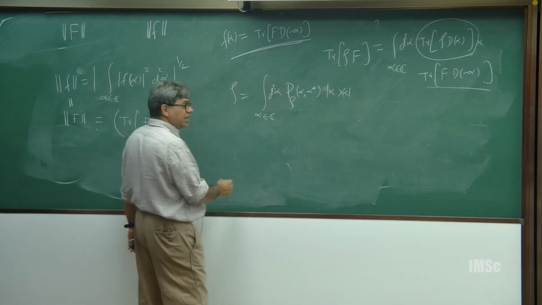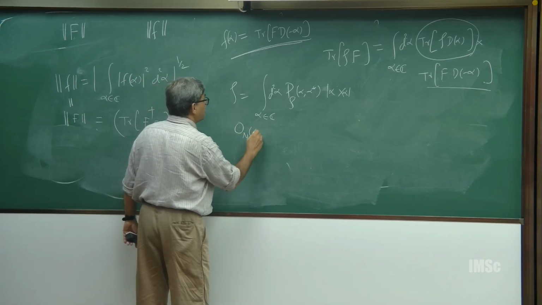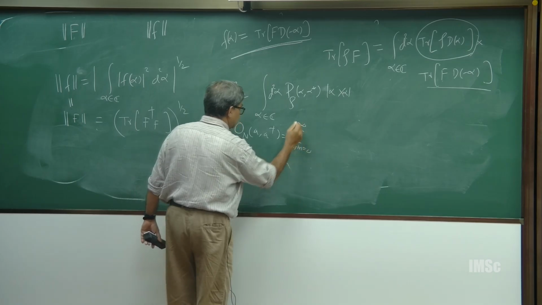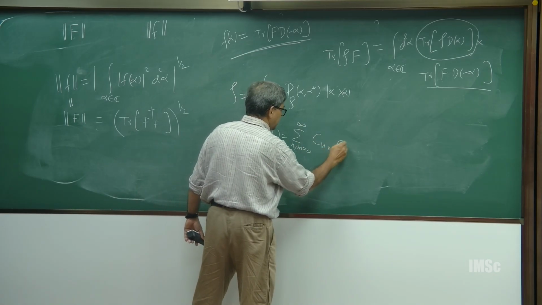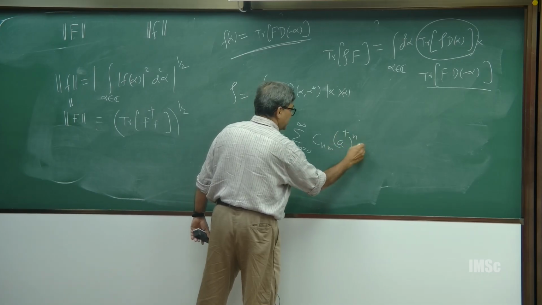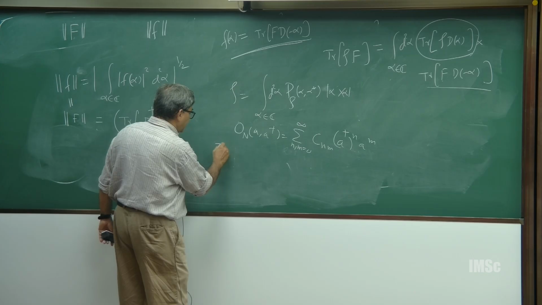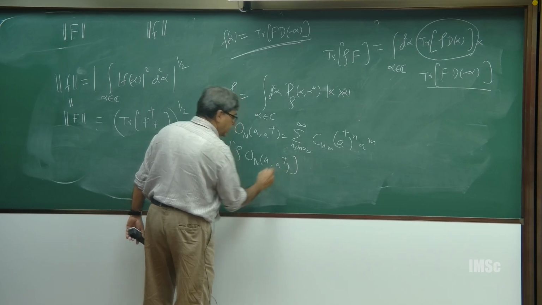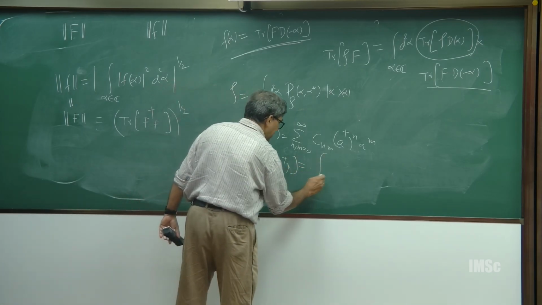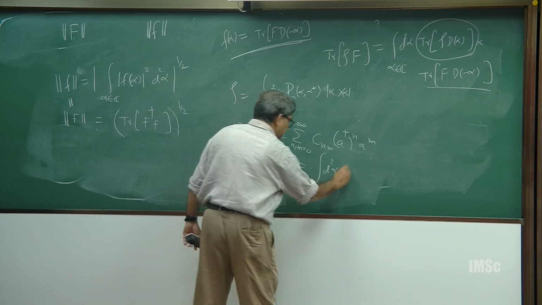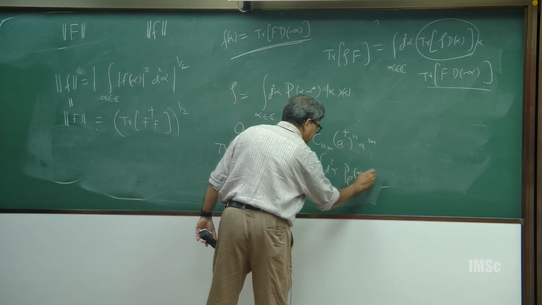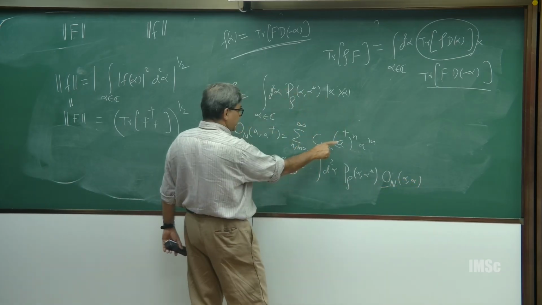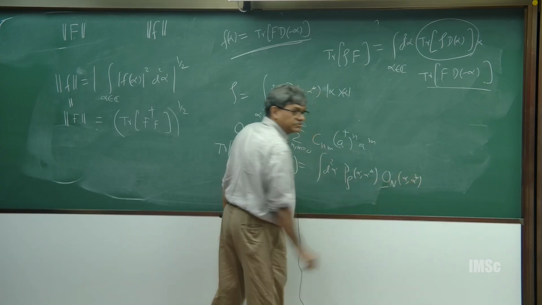And then if you take any operator O which is normally ordered, sum over n, m equal to 0 to infinity of C n m a dagger to the power n a to the power m, then trace of rho O_n can be expressed as the integral of d square alpha, P of rho, alpha, alpha star, and just this function where you replace a and a dagger by alpha and alpha star.